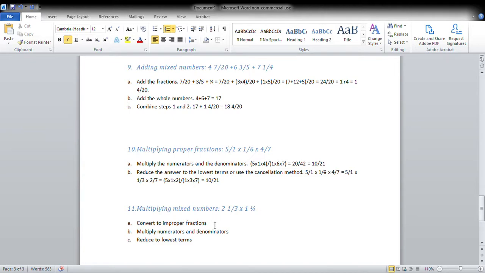So first we convert to improper fractions. And to do that, remember 2 1/3 becomes 3 times 2 plus 1 over 3.